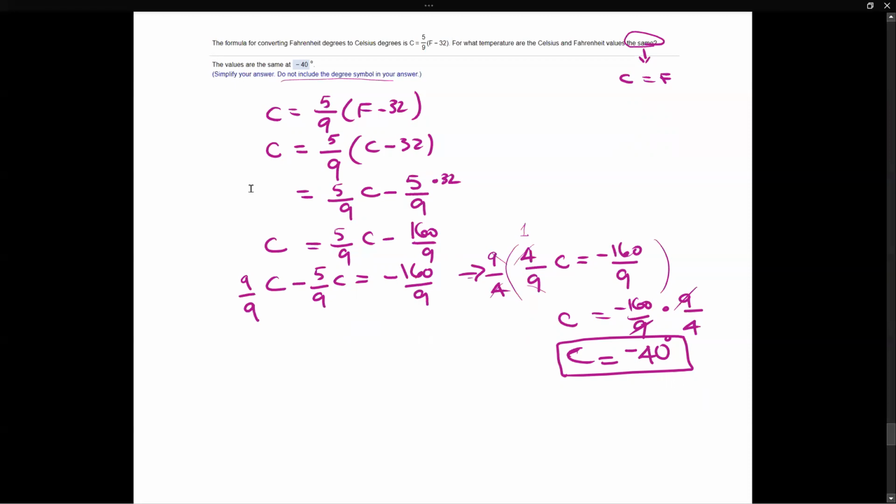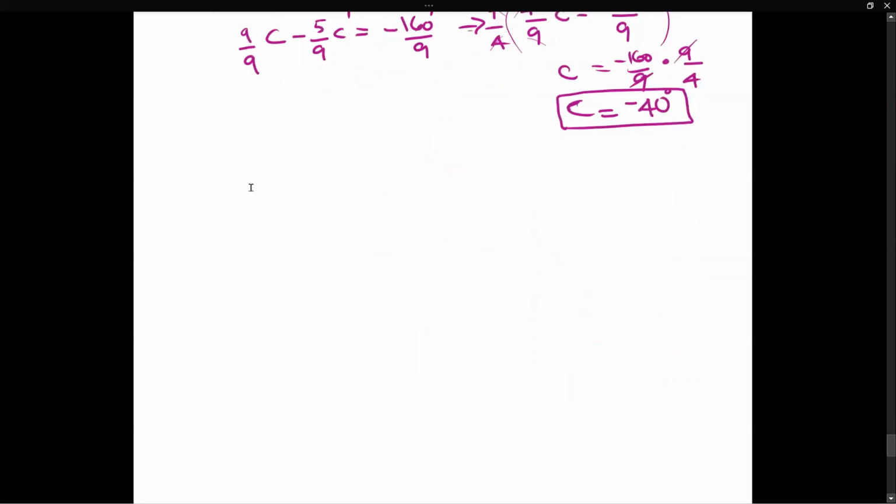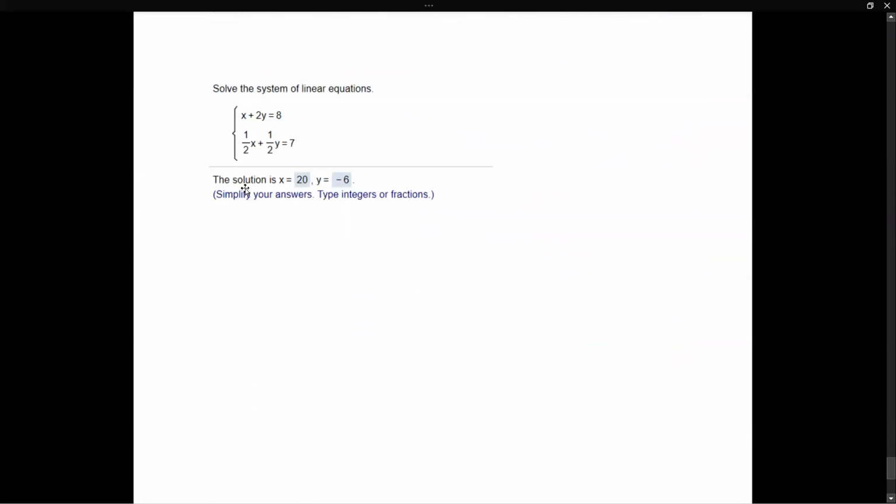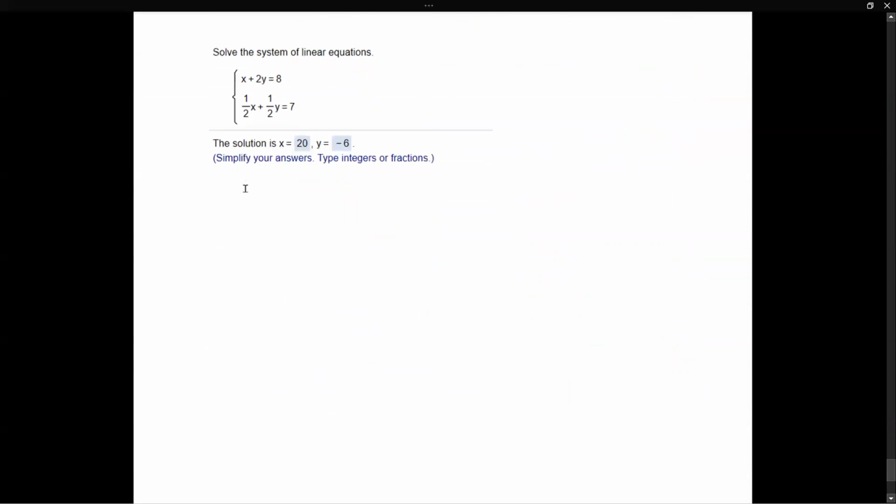So you just need to put -40. It cannot be a 40, it's -40. And so the degree symbol is already outside. So I'll let you practice this one similarly to what we did, all right? And eliminate the fractions if you want to, that makes it easier.